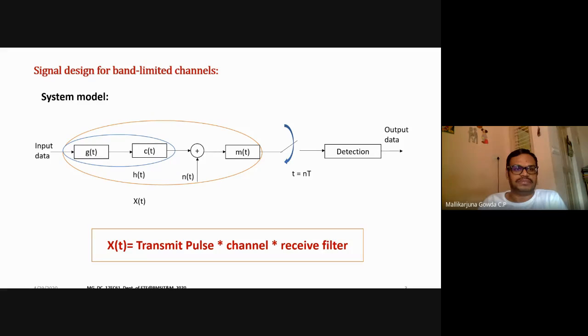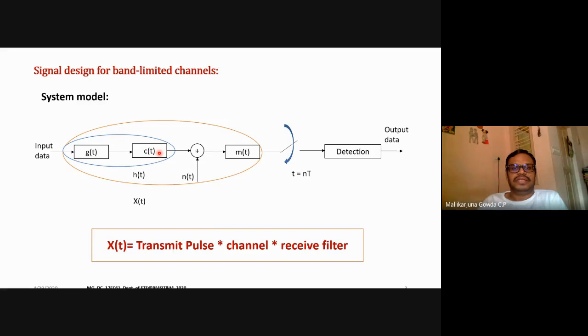The first block is the transmitting filter having an impulse response g of t, and the second block is the channel with an impulse response c of t. Together, the transmitting filter and the channel have the impulse response h of t, which is the convolution of g of t and c of t.